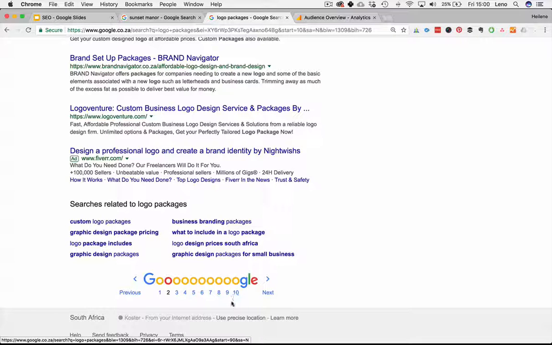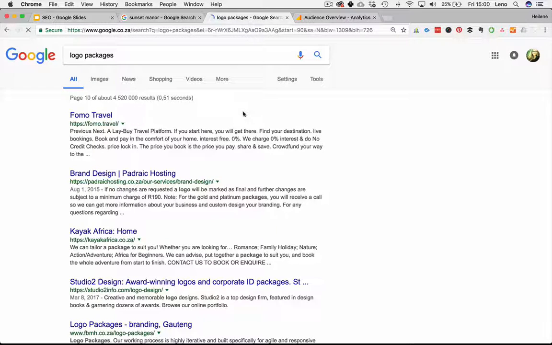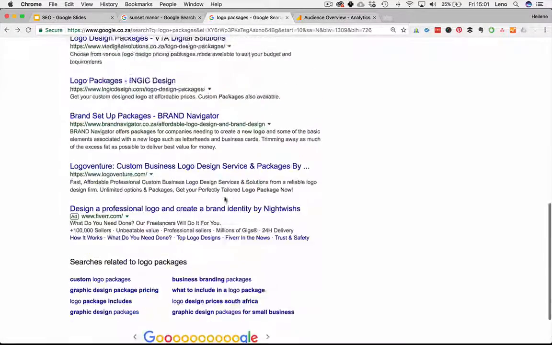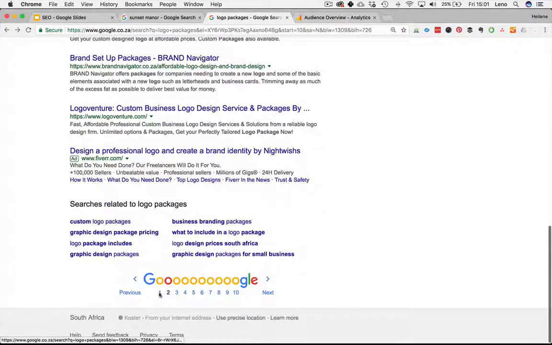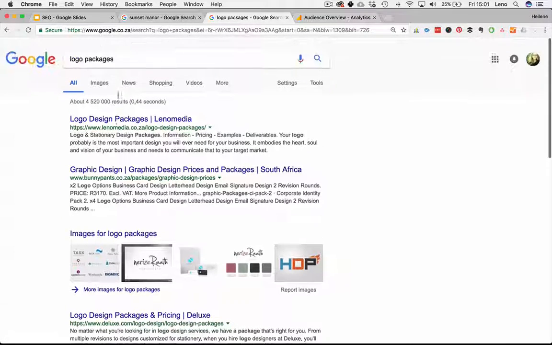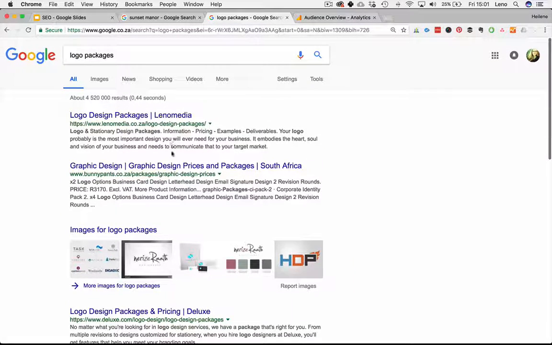It's 10 positions per page. So it's very, very, very important that we get to the first page of Google and to get as high in the search terms as possible. So here's my first position.